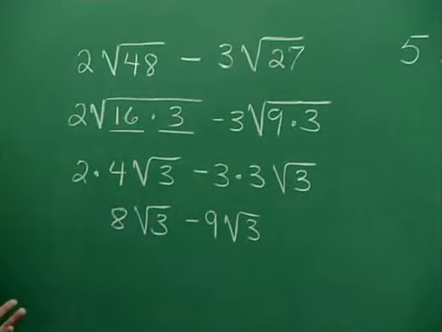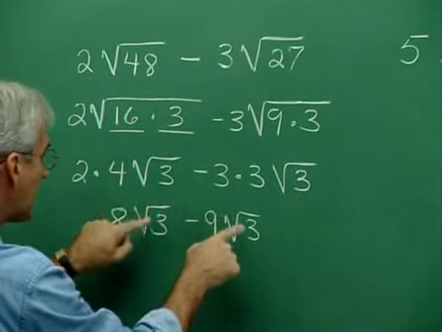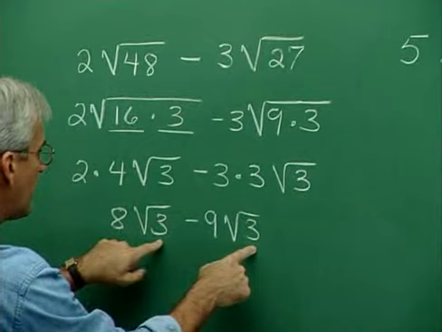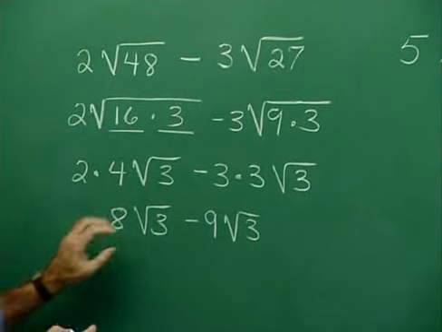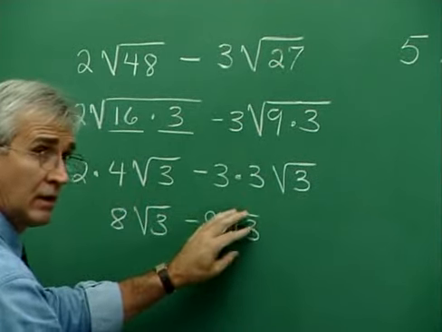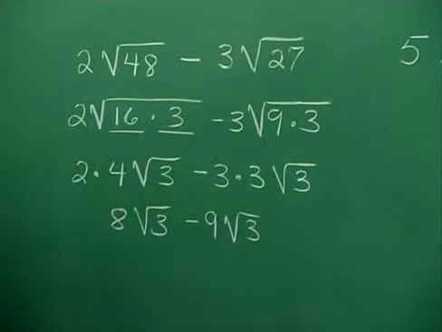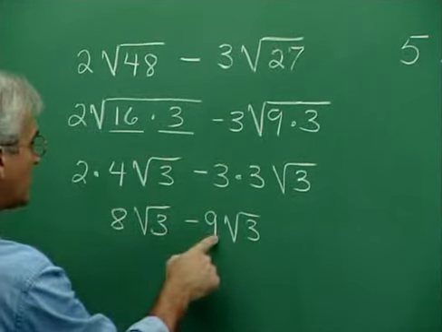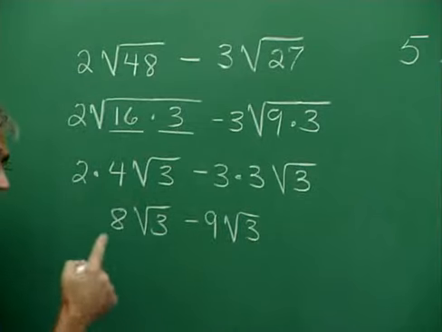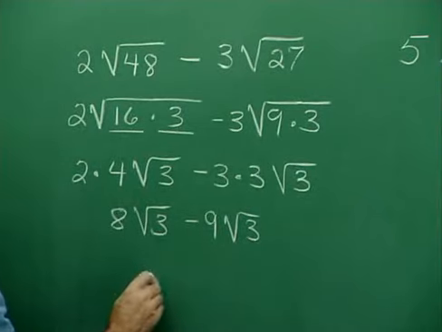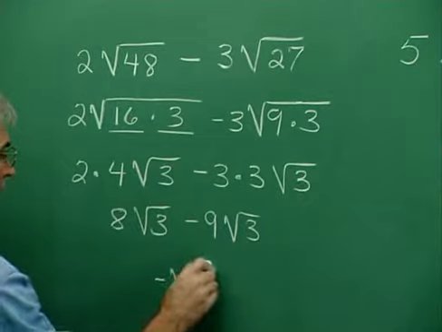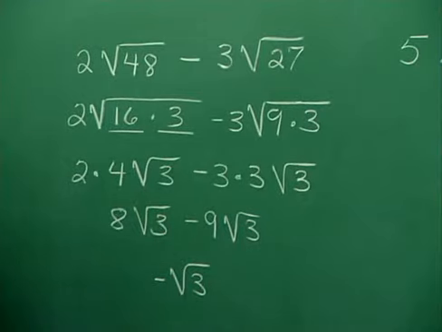And now we have like terms. Same index, same radicand, you see. It's as though we have 8x minus 9x. And in that case, we have negative 1x, or simply negative x. Well, here we have 8 of these things minus 9 of these things, giving us negative 1 of these things, or simply negative the square root of 3 for our answer.